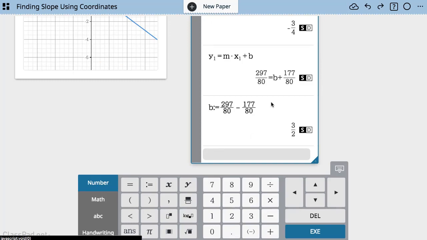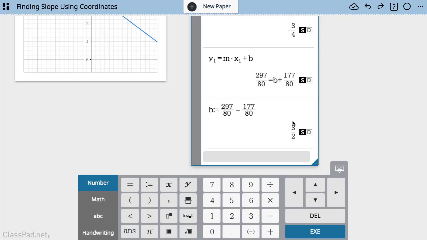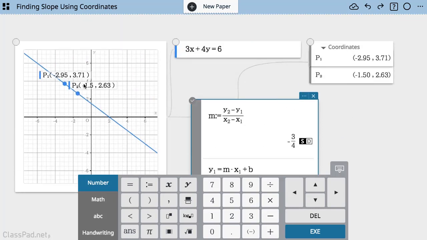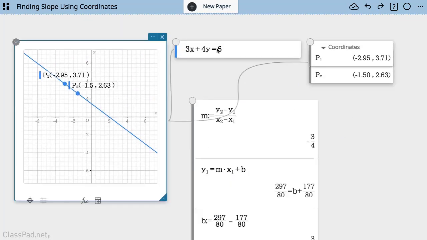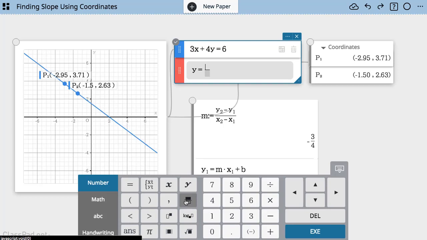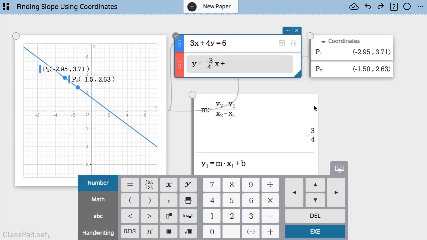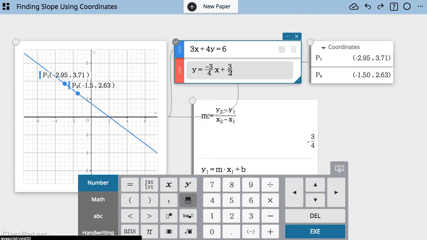So now I have my equation from standard form converted into slope-intercept form. Then I can go back to my graph here. I can add another equation and type in y = negative 3 over 4 x + 3 over 2, remembering that my intercept is 3 over 2.